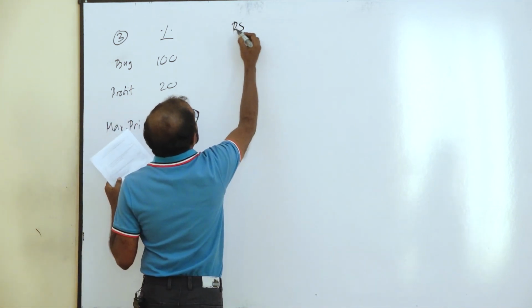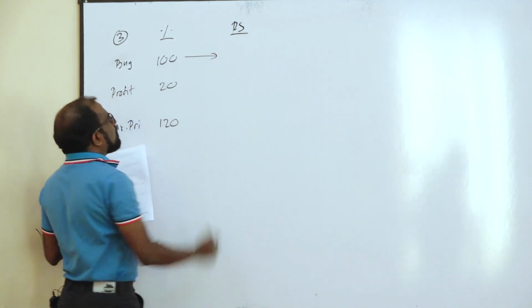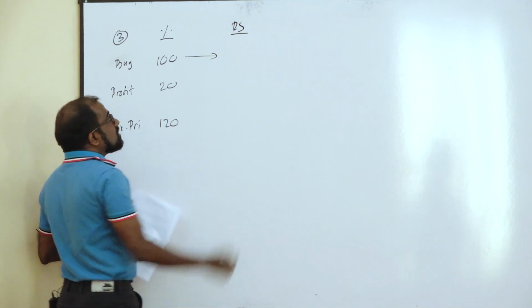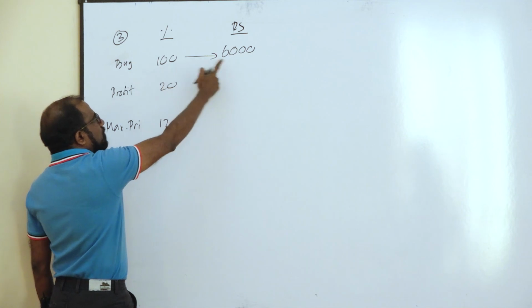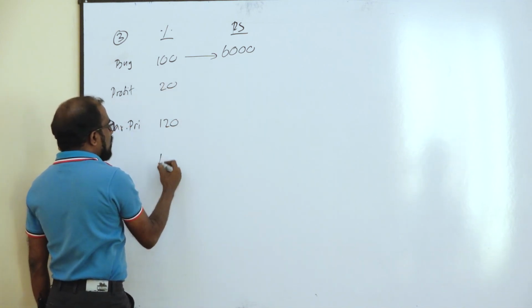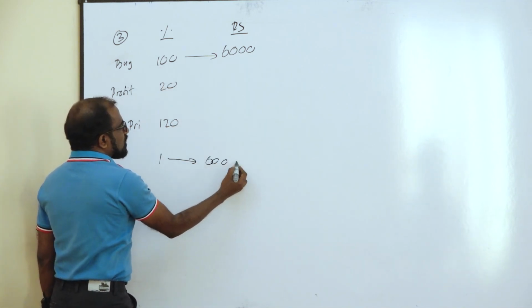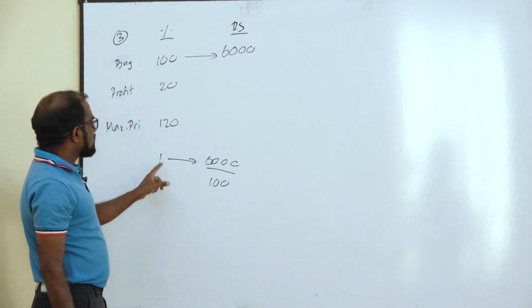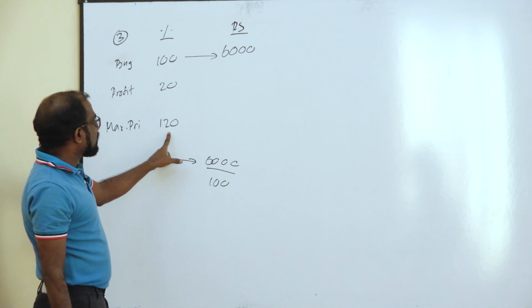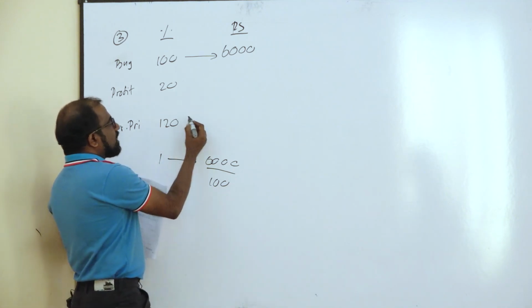Now we will make it rupees. What is the buying price in rupees? 100% meaning 6,000. Right? This 100% represents 6,000 rupees. And now 1% is 6,000 over 100. Mark price is again 120%.